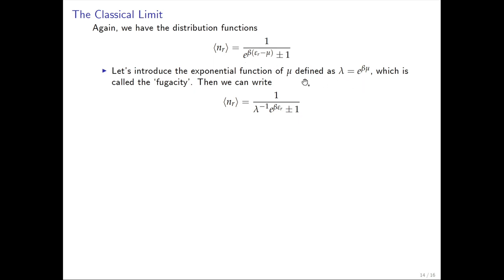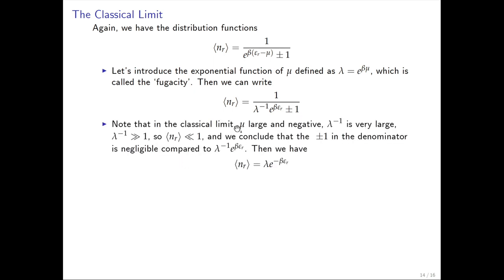And this lambda is called fugacity. So then we can write the occupation number like this: 1 over lambda to the power minus 1, or 1 over lambda, which is just e to the minus beta mu. You see we take e to the minus beta mu out here, and then we have e to the beta epsilon sub r, and then plus or minus 1. This, again, is fugacity.